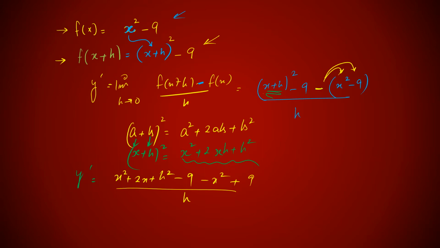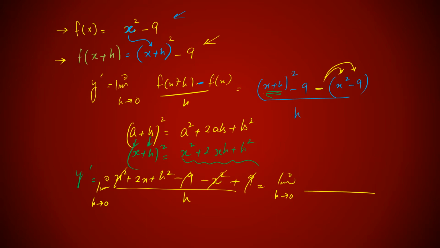So I am repeating myself that if you are solving correctly, your question terms will cancel out. So minus x square, positive x square cancel, minus 9 and positive 9 also cancel. And you see that I forgot here to write limit h approaches to 0. So limit h approaches to 0.